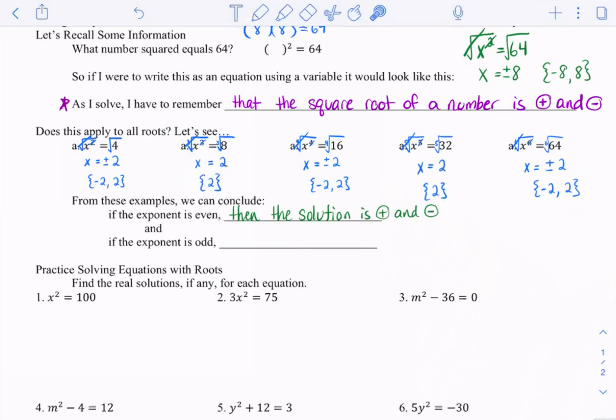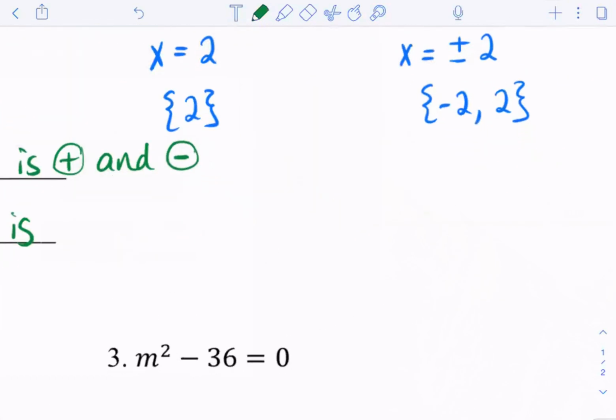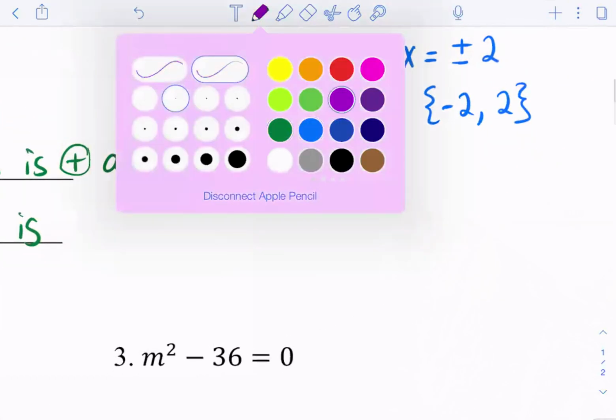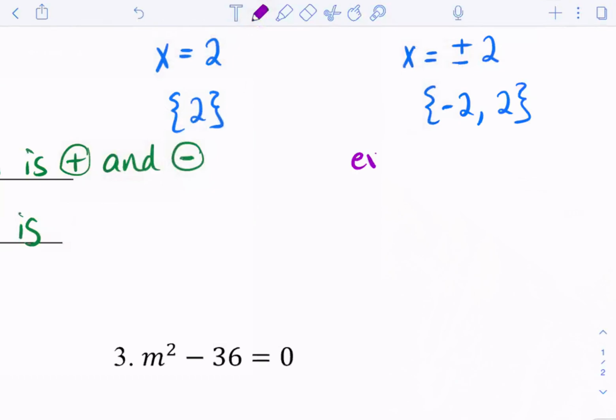If it's odd, so if the exponent is odd, then the solution is, now here's the thing, you might say the solution is positive. In these examples, they were. But I'm going to try one extra example right here over on the side. So here's another example. So let's use an odd exponent.